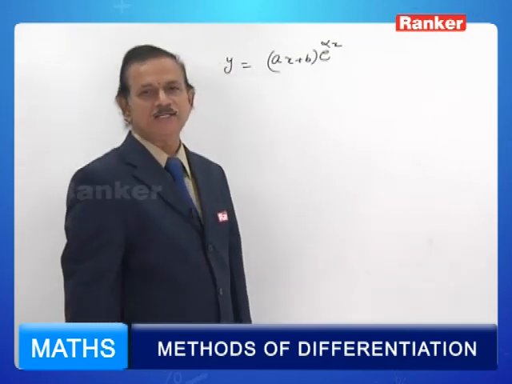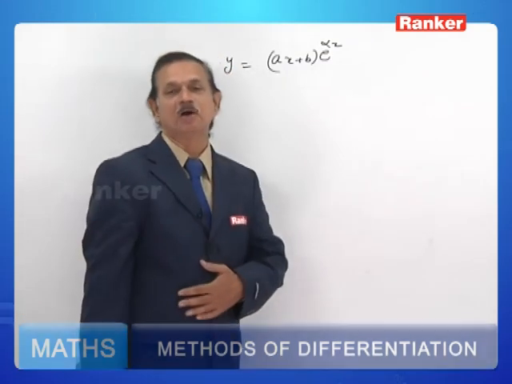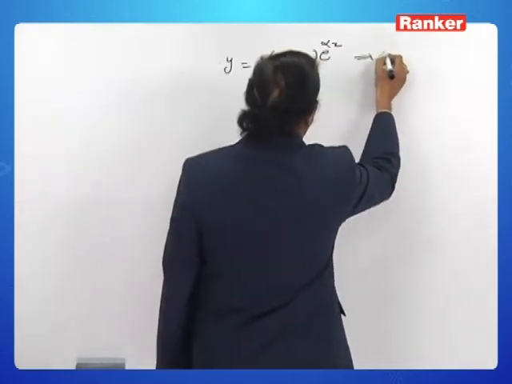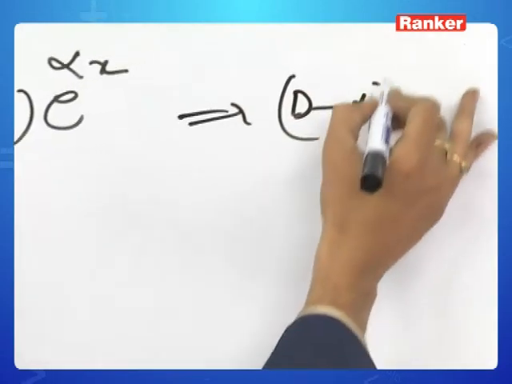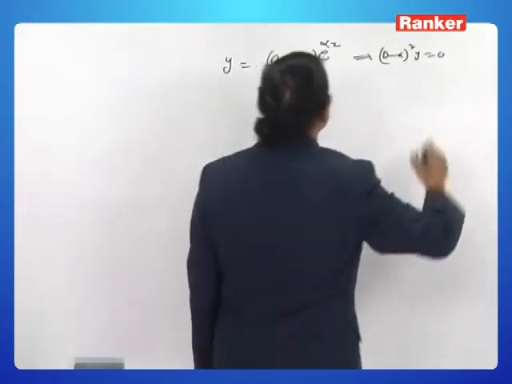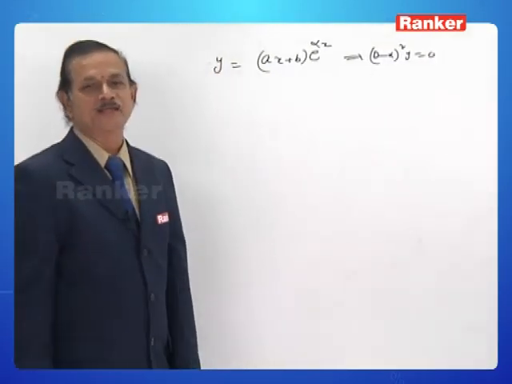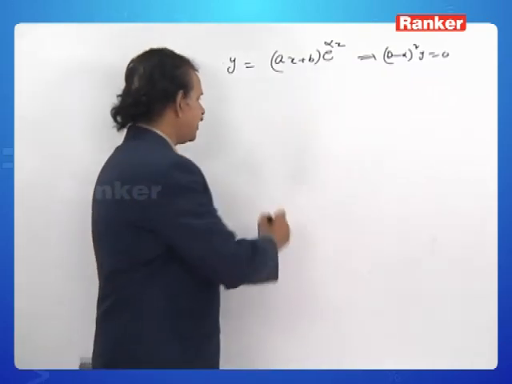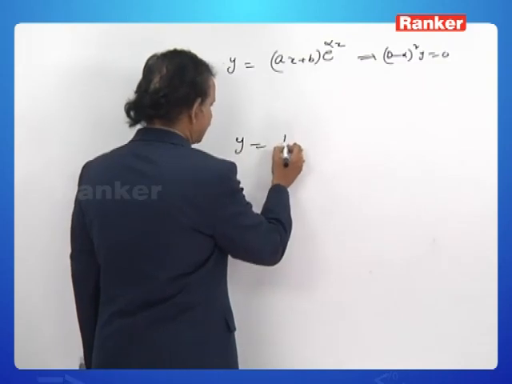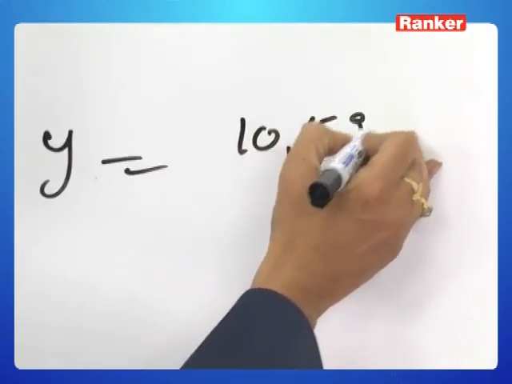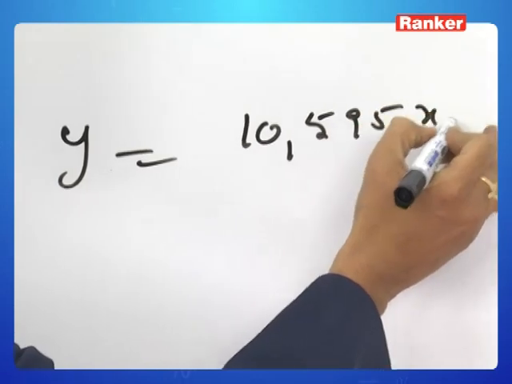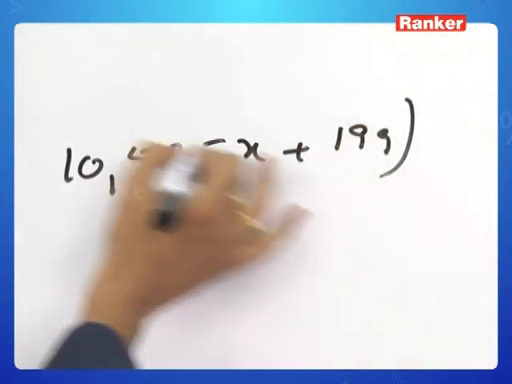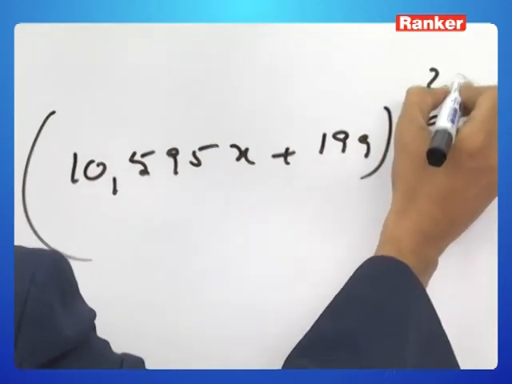If you have y is equal to (ax plus b) into e power alpha x, in this case, then (D minus alpha) whole square of y is equal to 0. To threaten you, he may give problems like y is equal to 10,595 into x plus 199 into e power 2x.